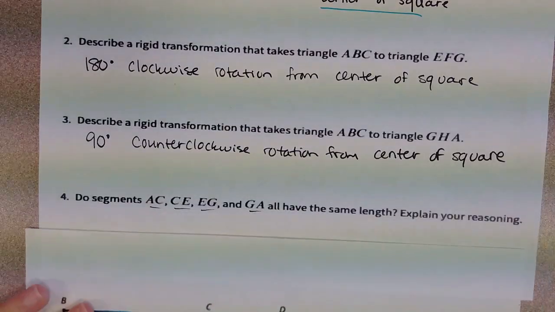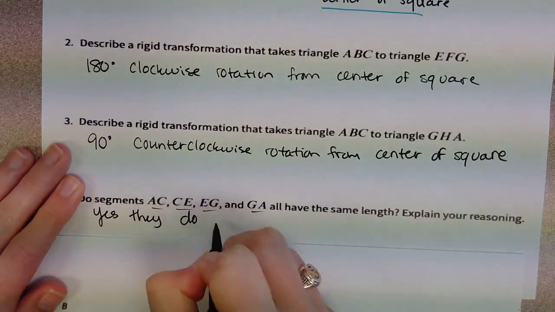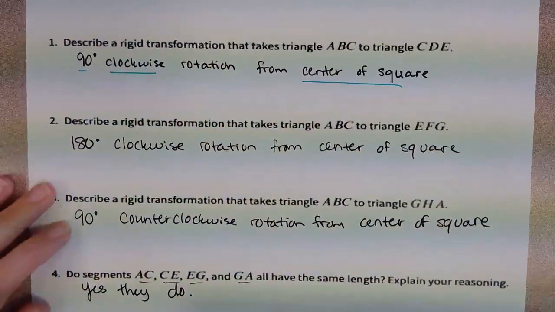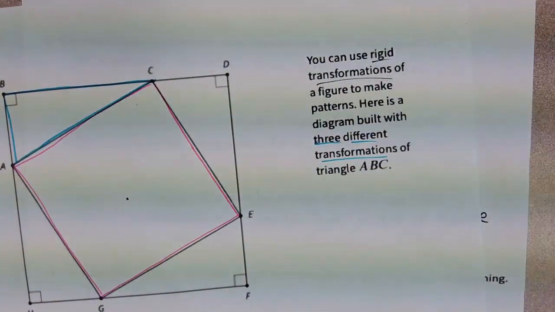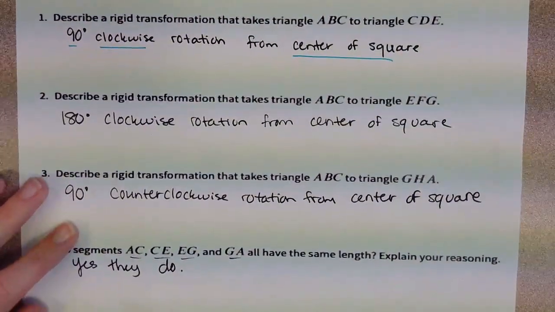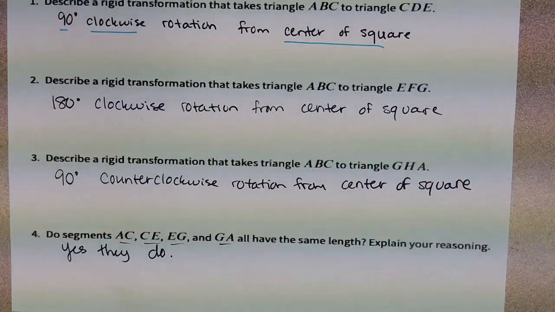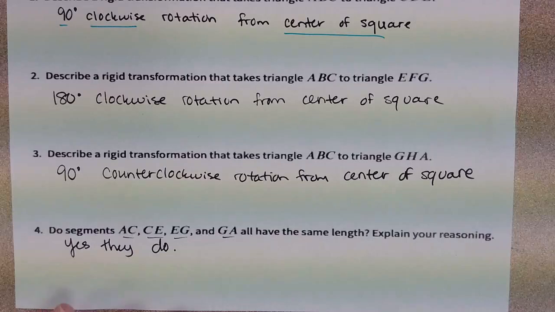I would say that yes, they do. And how do we know? Well, because of the wording rigid transformation. Since we were using a rigid transformation in our questions, rigid transformations keep everything the same. It keeps everything congruent, same lengths, same size, same shape each and every time.